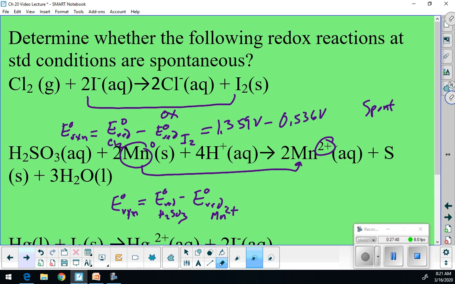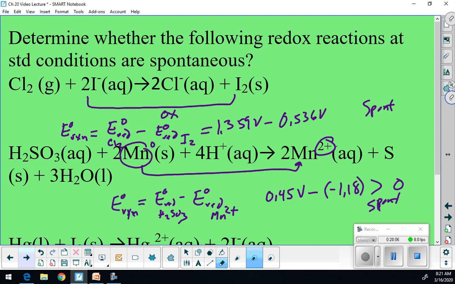So I have 0.45 volts minus a negative 1.18, and that's going to be greater than 0, so that will be spontaneous.